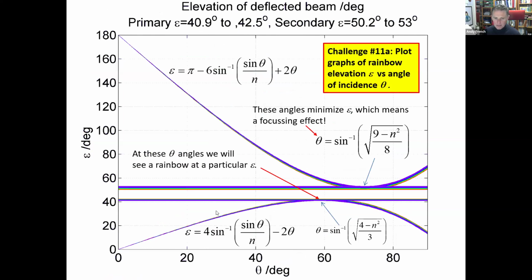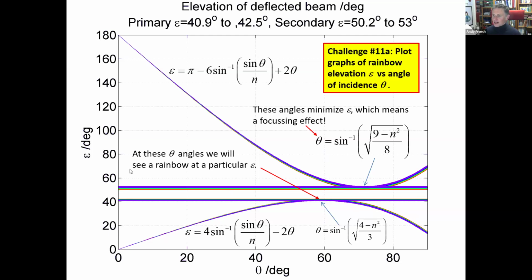I plotted different lines for different colors based on the refractive index, there's some nice maths involved, and you get peaks for the primary rainbow and a trough for the double rainbow. And at those minima, what you've essentially got is a focusing effect. So for a variety of angles theta, you've got basically one angle of elevation. In other words, that's another way of thinking about a focus, a lens.